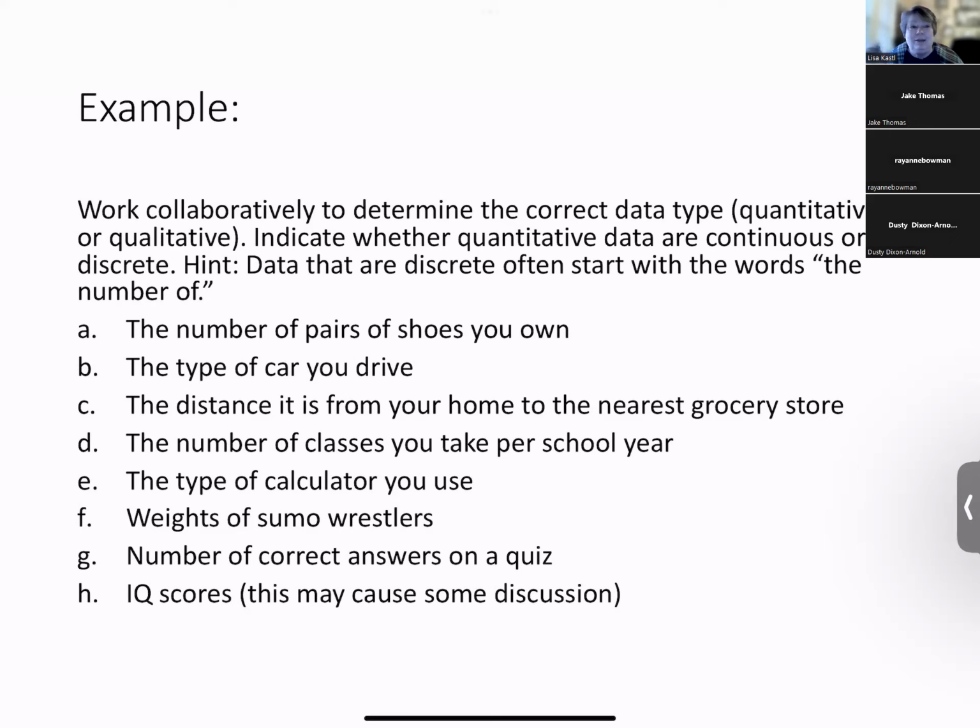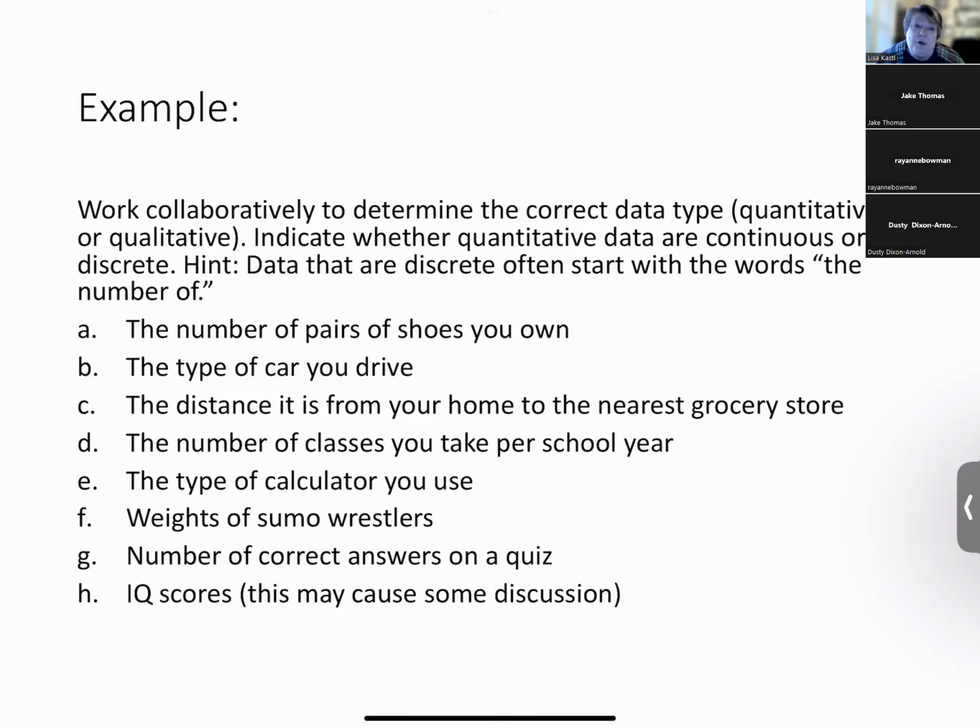If you just say, okay, like where I live, it's a 1/4 mile, maybe it's a mile to Foreman, it's a mile to whatever, so if I just count the miles, then I could say that's discrete quantitative. The number of classes you take, that would be discrete quantitative. The type of calculator you use, that's an attribute, that's going to be qualitative.